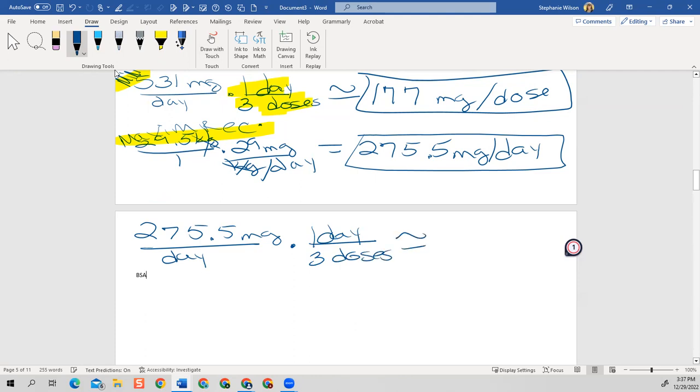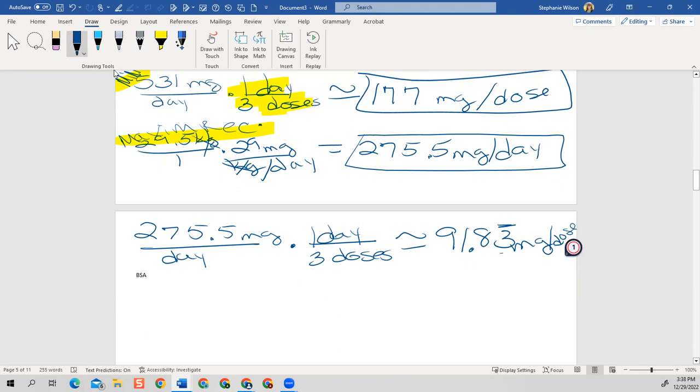All right, so 275.5 divided by 3 gives me a yucky decimal, right? 3 repeating. So what you need to do is go to the rounding rules. It says that if your answer is going to be in milligrams, we're going to round to the nearest hundredths.